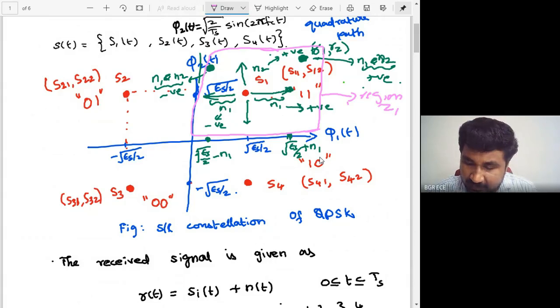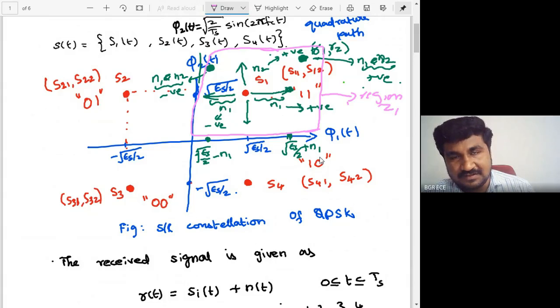Because if it is located in region Z1, the decision device in the correlator in the in-phase path will decide in favor of 1, and the correlator in the quadrature path also decides in favor of 1.